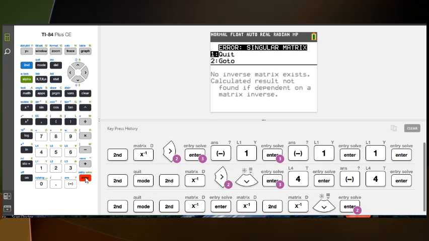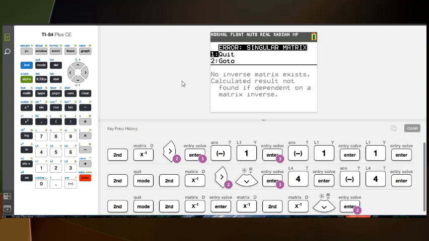Uh-oh. What have we got? All right, let's read what it says right here. No inverse matrix exists. So, for our matrix, -1, 1, -1, 1, that matrix that we entered in, it doesn't have an inverse.